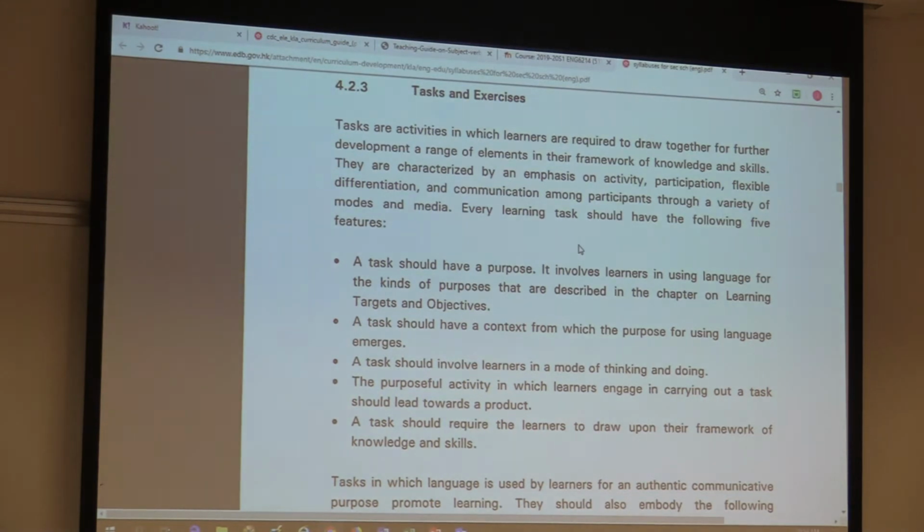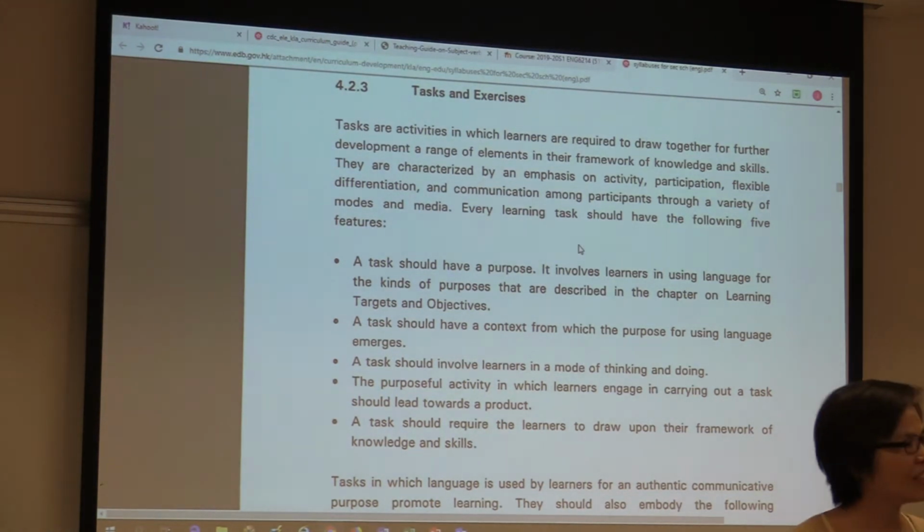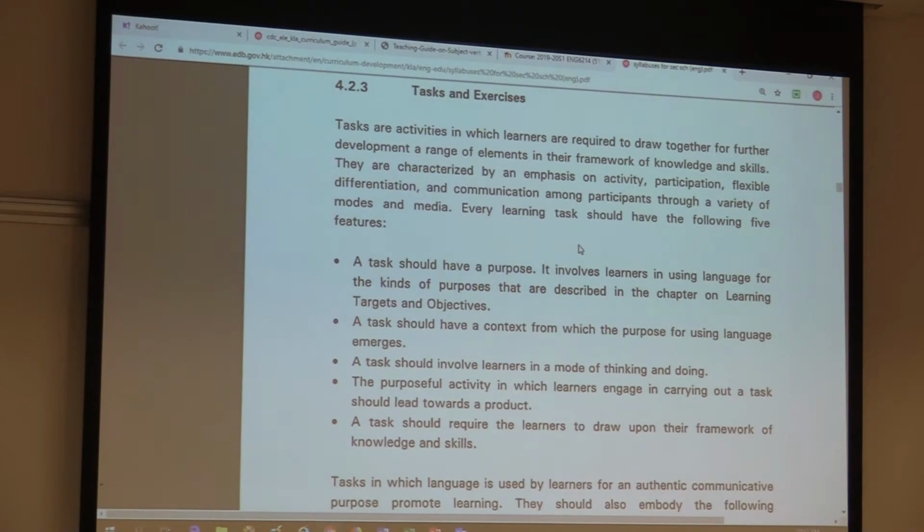Or can you think of another task? Letting students use the past tense to complete something meaningfully. Describe a birthday party last year. But what is the purpose of describing it? If you follow this task, what's the purpose?